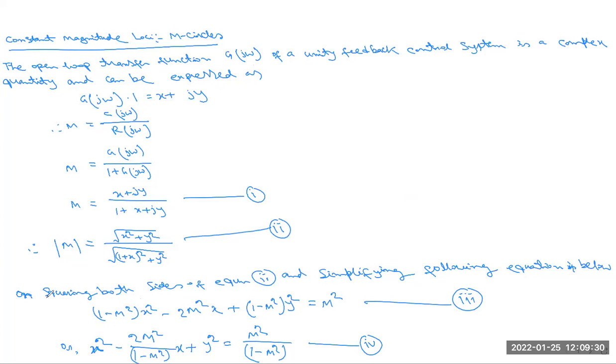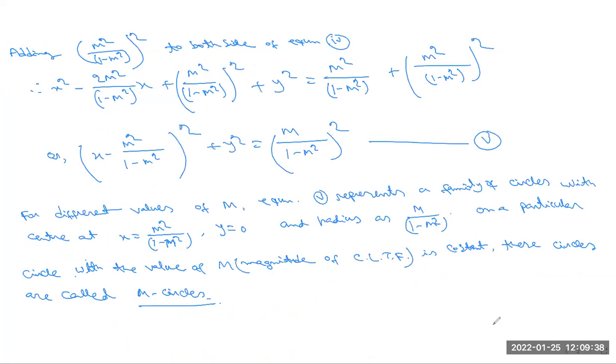Then you have to square both sides, simplify this pattern, then add these variables in both equations. The value comes in this pattern. So when you change the value of m in this equation, the value also changes on both sides.